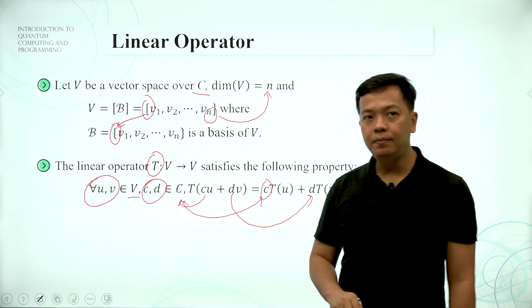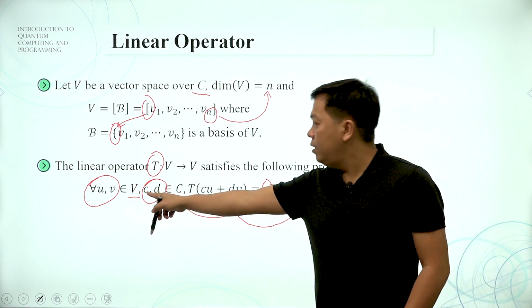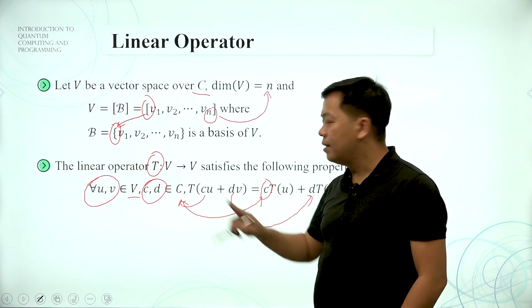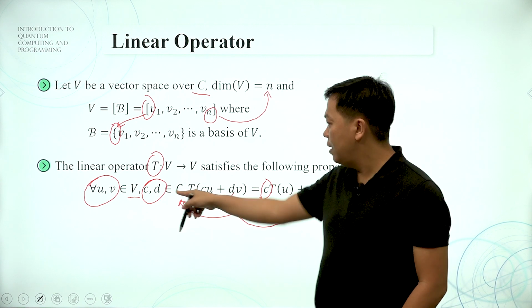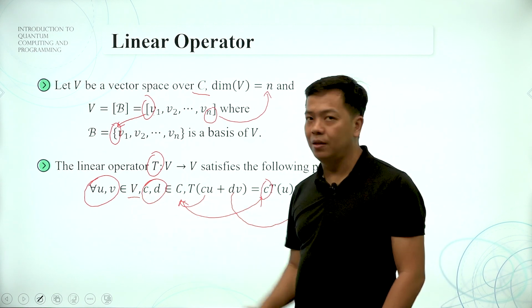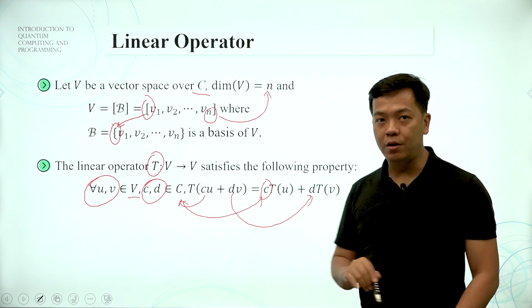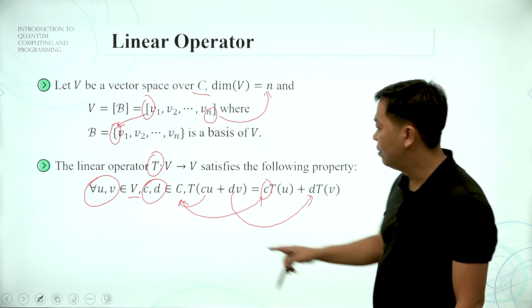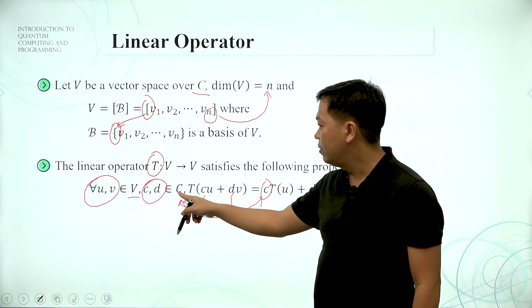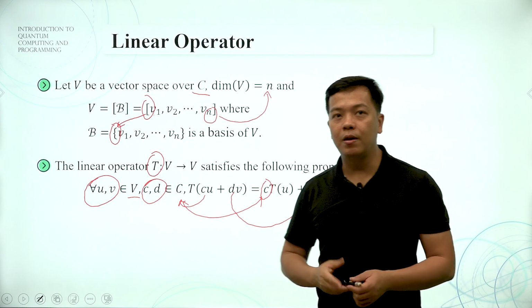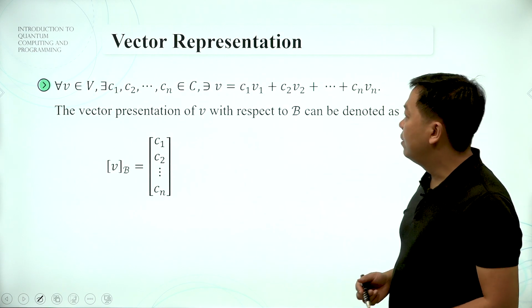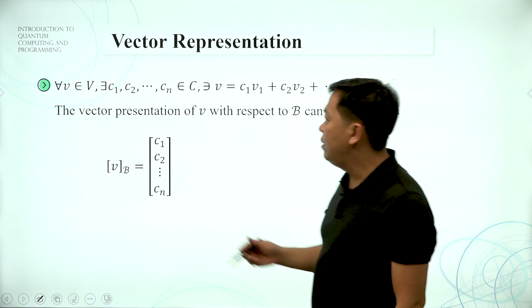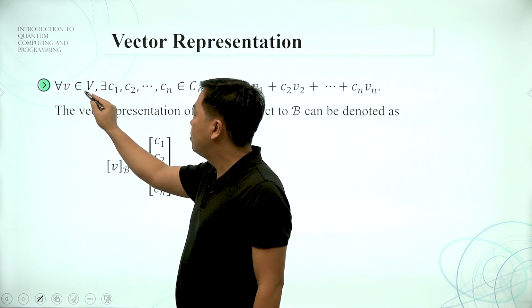But C and D need to be in the complex numbers. If C and D are in the vector V, this formula is incorrect. So make sure you notice this requirement.